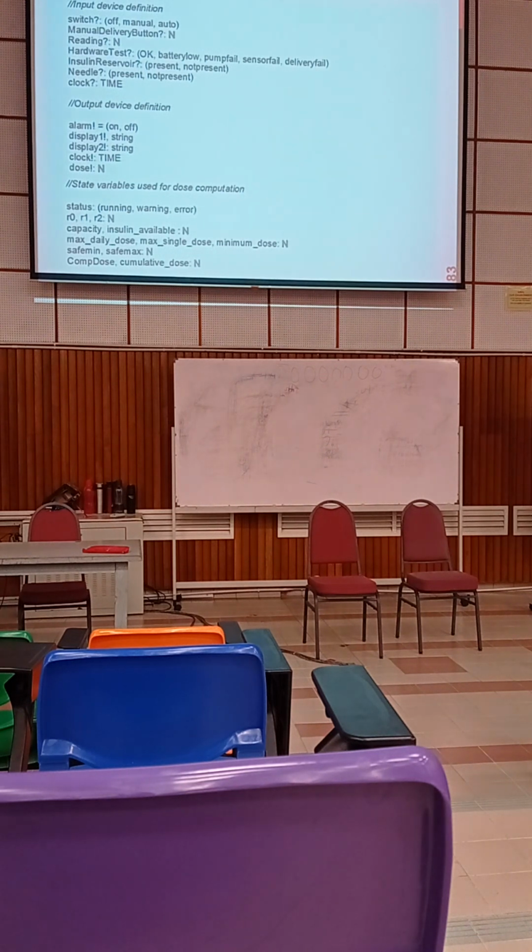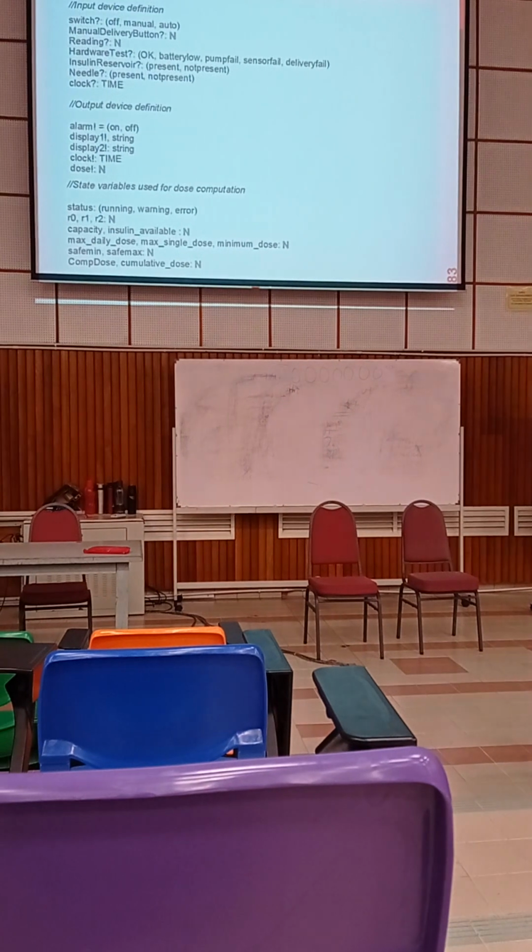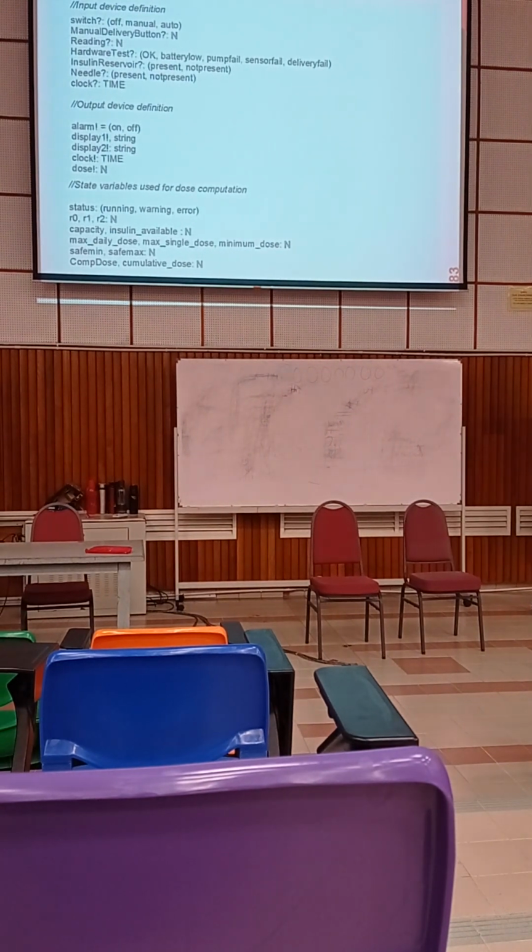This variable is to calculate the cumulative dose. In one day, how much dose you can stop. Okay? Then safe max, home dose, cumulative dose. So all these are variables, declaration. These variables you're going to use later for operation. Operation means process, functions. Okay? Understand?